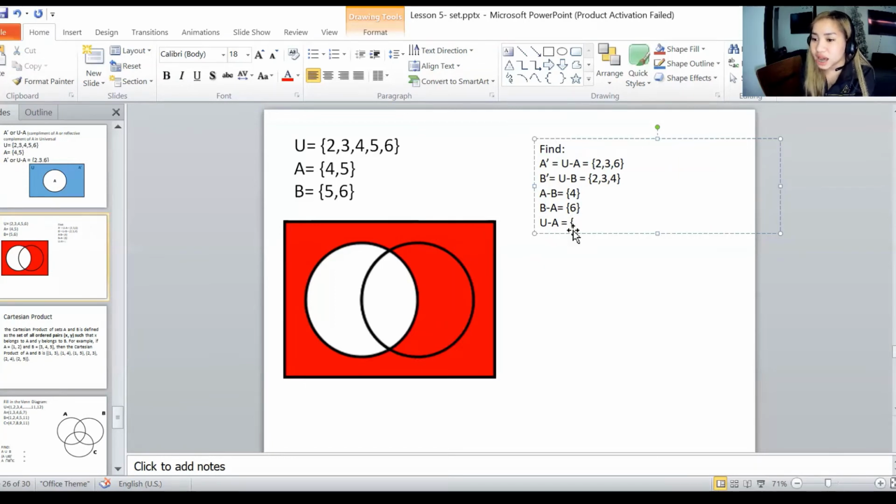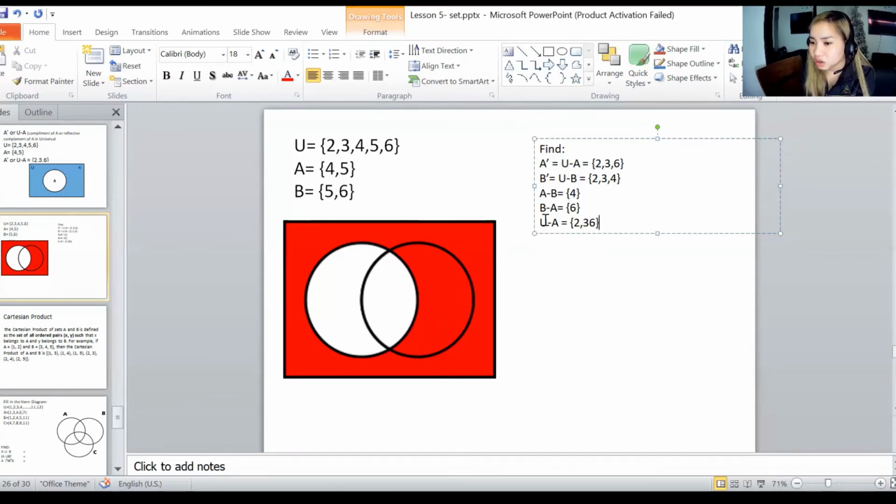Dito naman po sa last, we have reflective complement of A in universal. So, same lang sila. So, magiging final answer natin is 2, 3, 6.